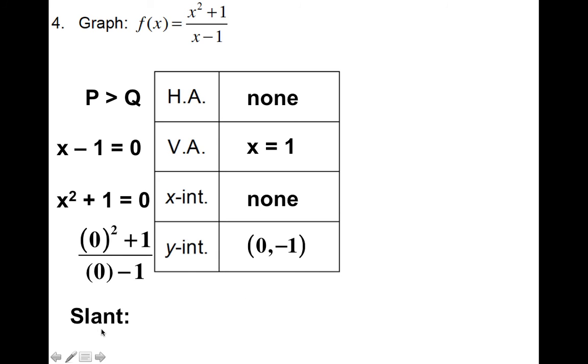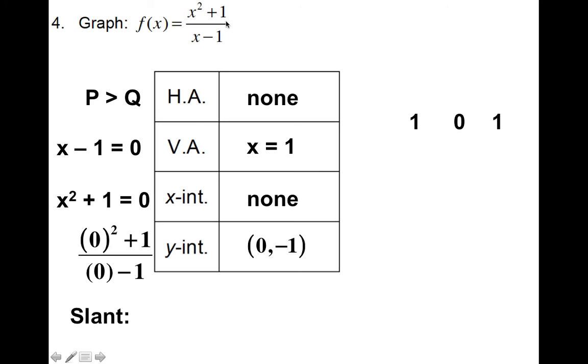So now we have to find our slant asymptote, which means I'm going to use synthetic division. We are dividing x squared plus 1 by x minus 1. So to do this, we are going to use the coefficients on the top. So we have 1. Notice we're missing a term, so that's 0. And then our coefficient 1.